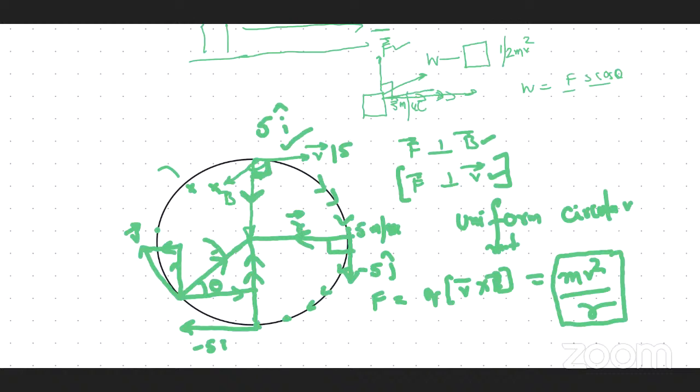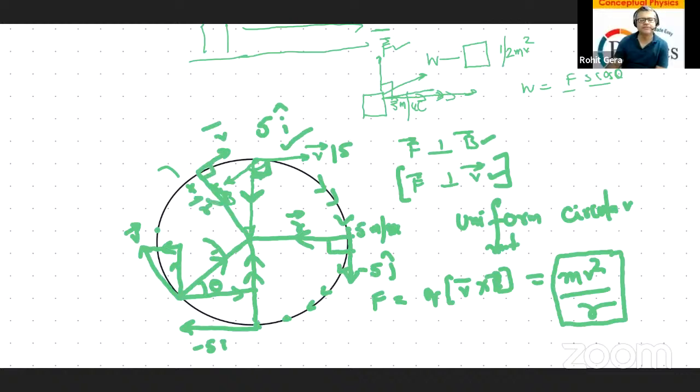Take this position. The radial force is towards the center. No work is being done because the force is perpendicular to the displacement. You cannot produce anything. If you have velocity and the force perpendicular, no work is done.